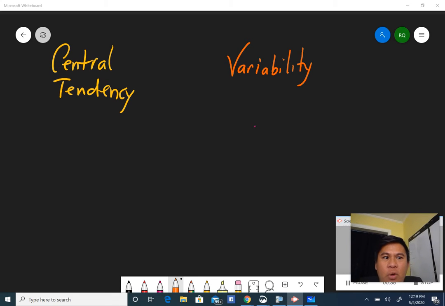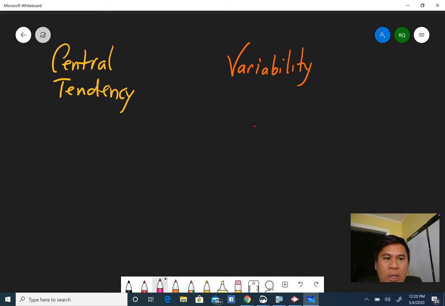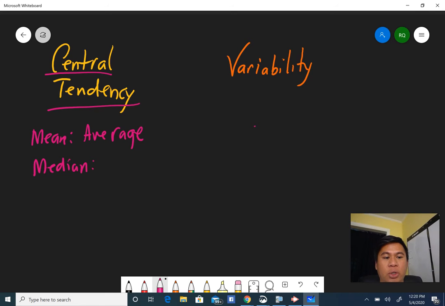Let us first have a review regarding central tendency and variability. So for central tendency, there are three different measures, such as our mean, or what we call the average. We also have our median, which is the middle term, and we also have the mode, or what we call the most frequent term.